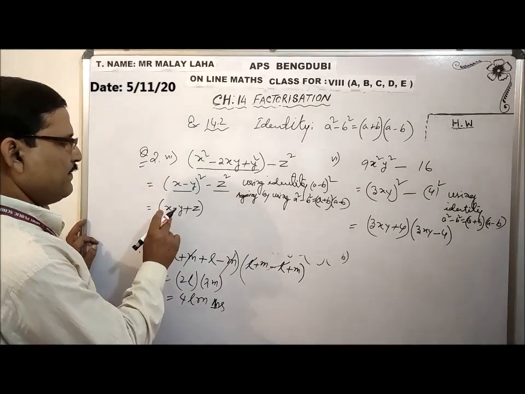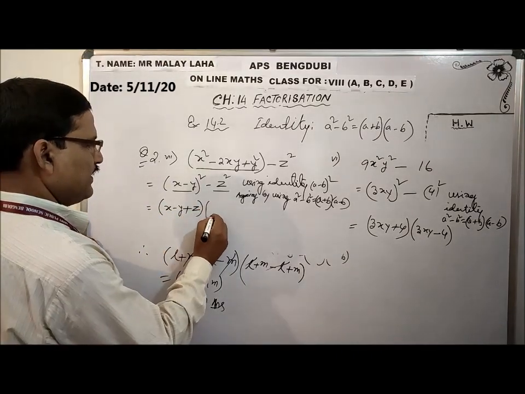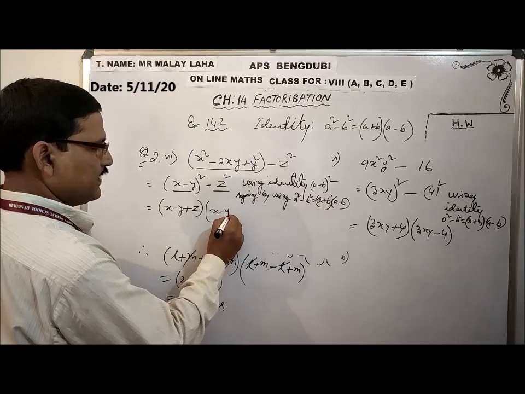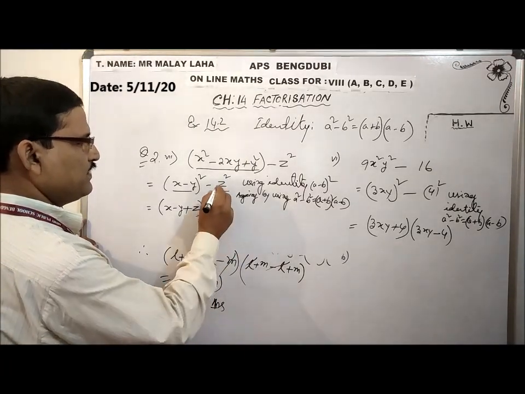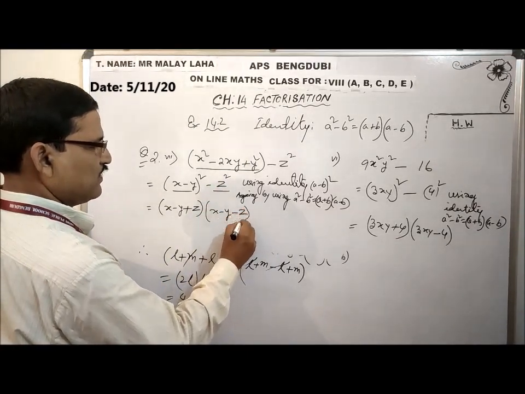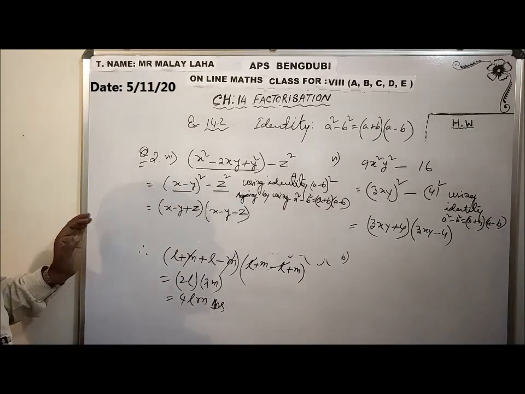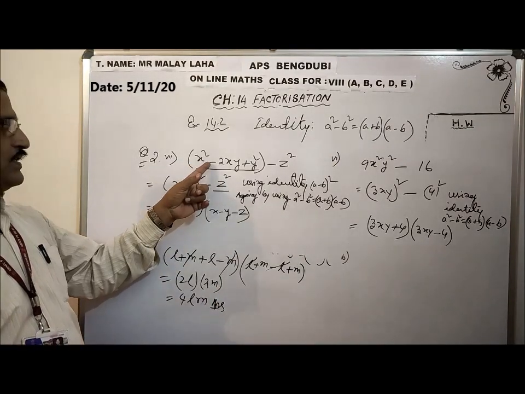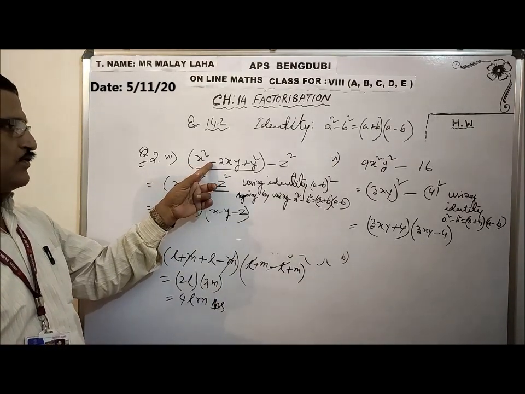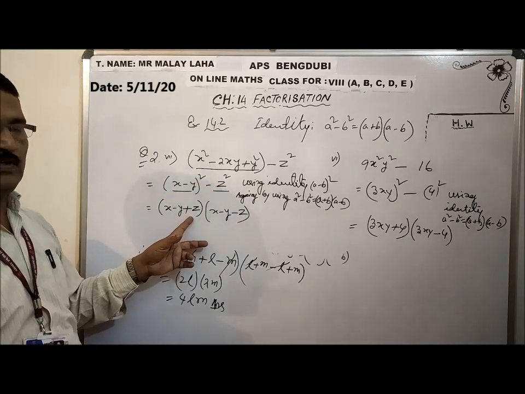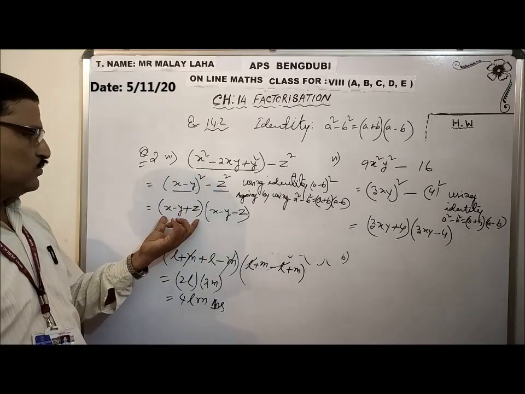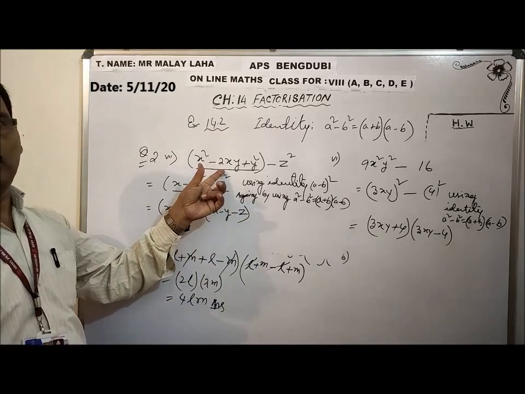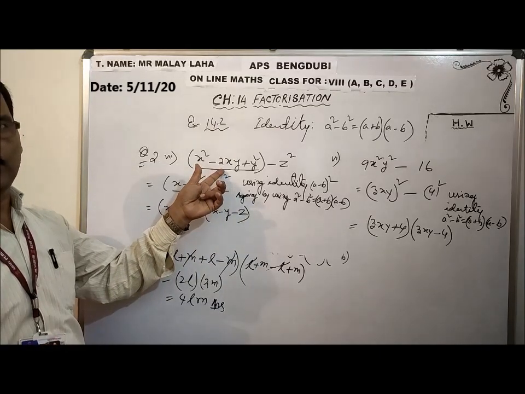So a plus b into a minus b: x minus y plus z into x minus y minus z. So this is the final answer. It is your expression, and when this expression is written in factorized form, it will be this. These two are the factors of the entire algebraic expression.